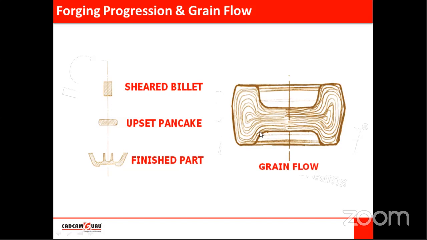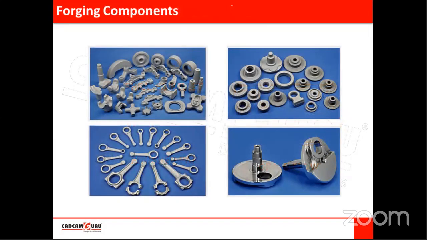So one has to check flow lines or grain flow during the forging process. They should be smooth, and parallel grain flow should be there to achieve strength in this component. For that, we will see the design considerations to get smooth grain flow inside the die cavity.